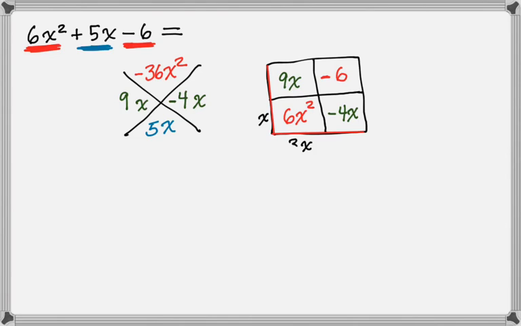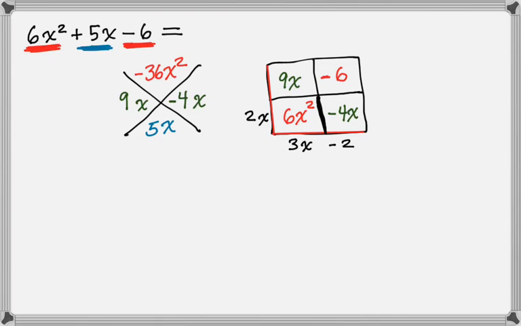The best choice would be 3x times 2x, because these factors would help us figure out the area of the remaining boxes as well. For example, looking across, the negative 4x box has a height of 2x, so its base must be negative 2.